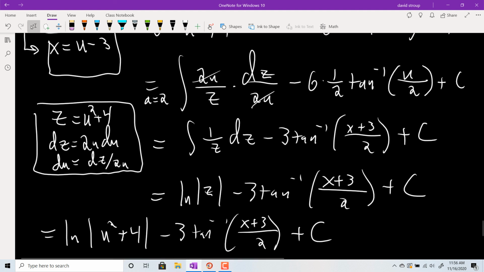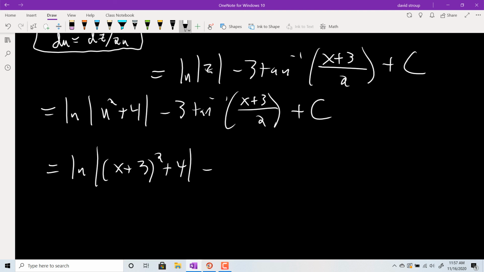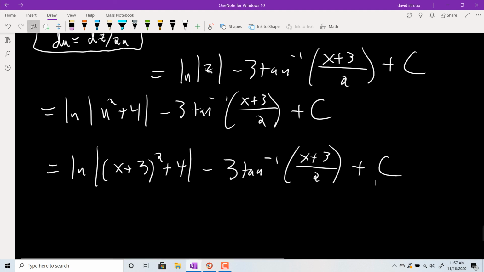And then back sub for u, which was x plus 3. So that'll equal ln of the absolute value of x plus 3 squared plus 4 minus 3 tan inverse of x plus 3 over 2 plus c, and that'll do it. Oh, wow, that's a hard one, huh?